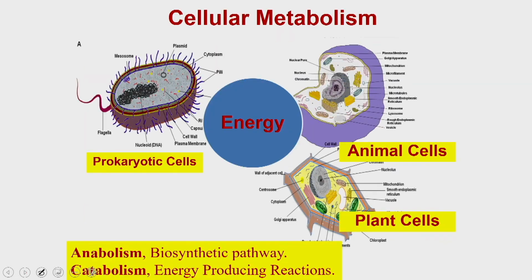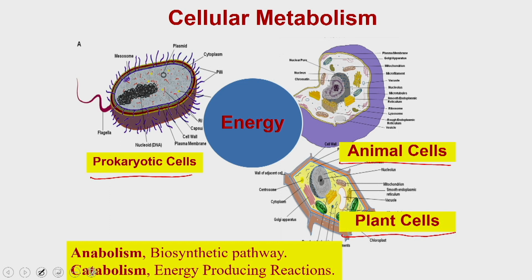We have discussed the prokaryotic cell, the animal cell, and the plant cell, and all these host cells require energy. They require this energy to run the various metabolic reactions to drive their life cycle or lifespan, and to divide and grow from one cell to many more cells.